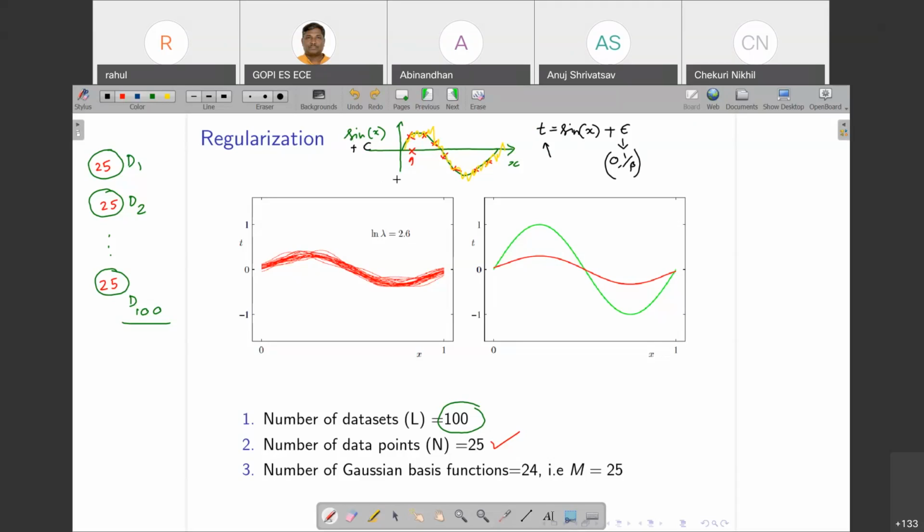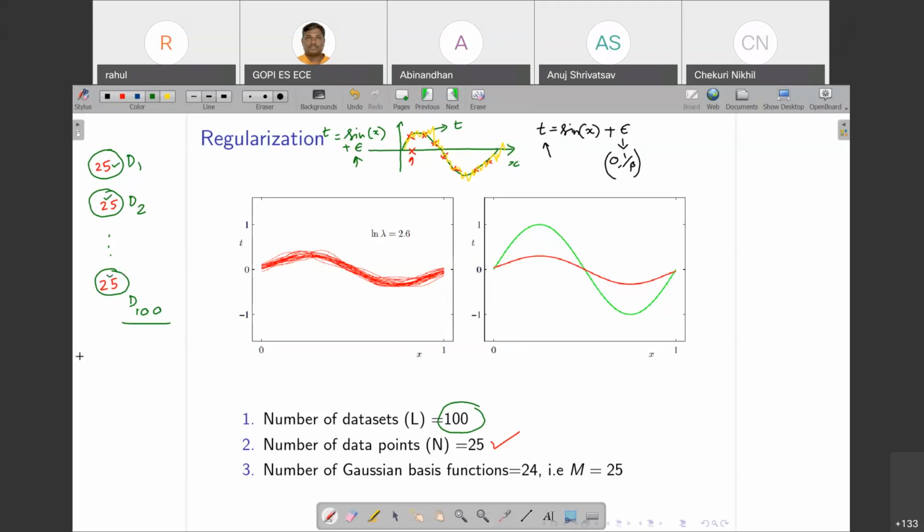What you see here is sine x plus this random noise, a random variable, and the yellow is the noisy observation. You are collecting about 25 points randomly here, your x value and the corresponding t values. So 25 values are there for each individual data set.